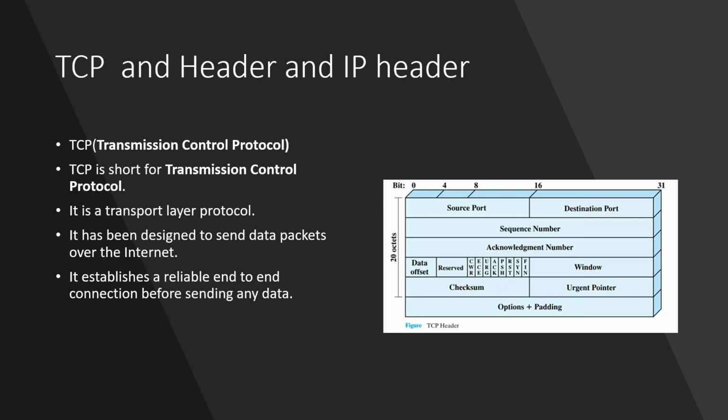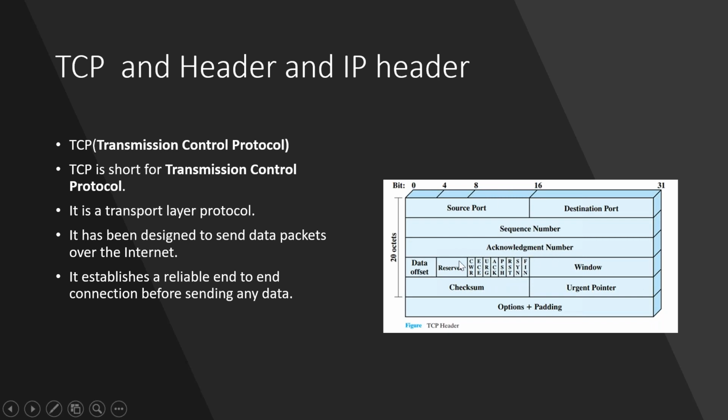I said SYNACK by mistake. There is no SYNACK. SYN and ACK are the two flags we will be using while establishing the connection. So when you are sending the data, the SYN flag will be set to 1 and all the other flags will be 0.